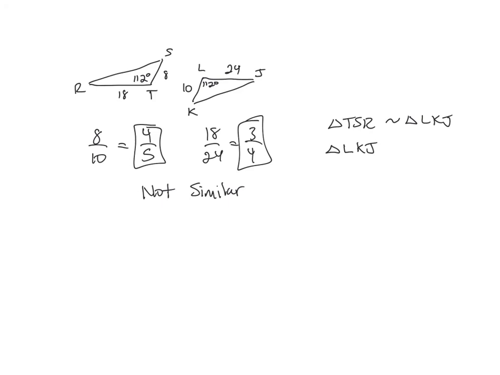So if there's vertical angles, they're congruent. You could have a reflexive angle, like if the same angle is in both triangles, then they're congruent, or they're just labeled congruent. Then that's good. And then you need to show that the other 2 sides are proportionate. Okay, so it's all using those 2 pieces of information.